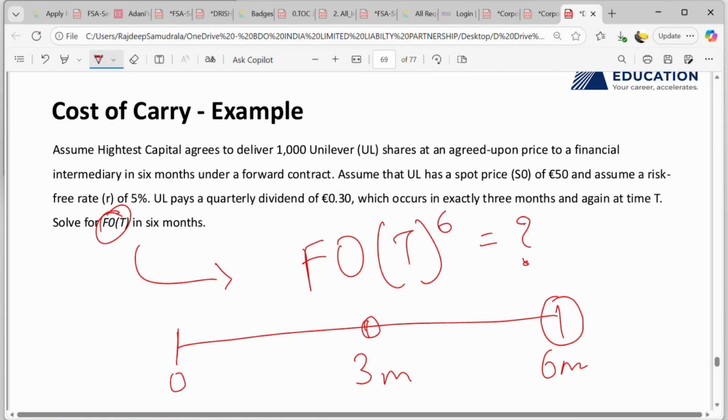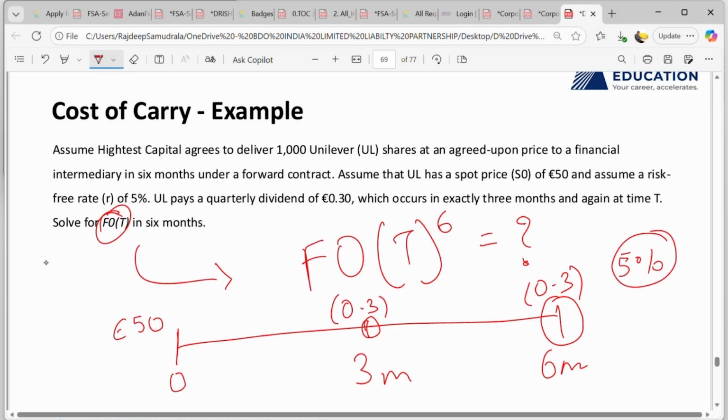There's no carrying cost here, right? But there's a benefit, so that will be subtracted, right? Correct, that's why I put minus. Good. So dividend is a benefit that you receive that will be subtracted.